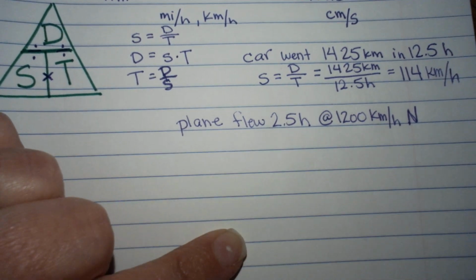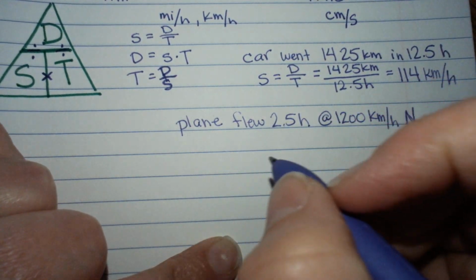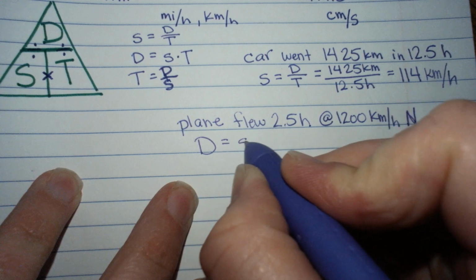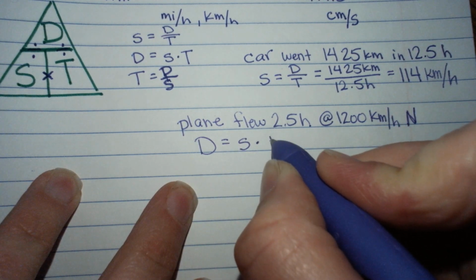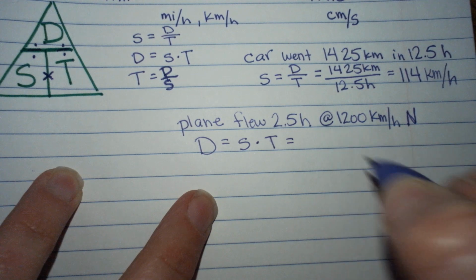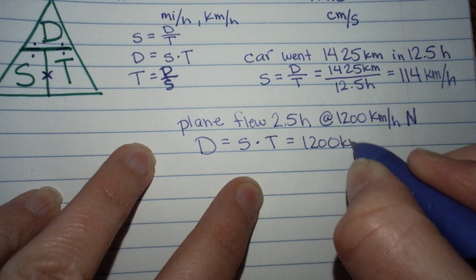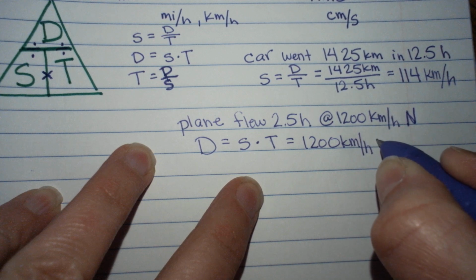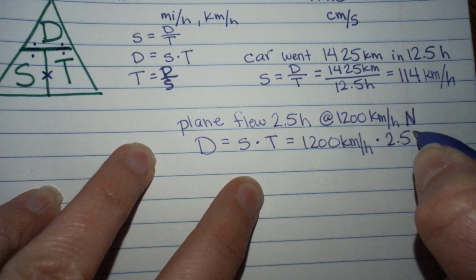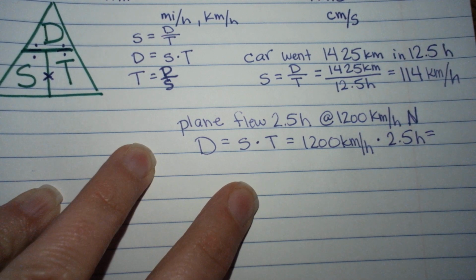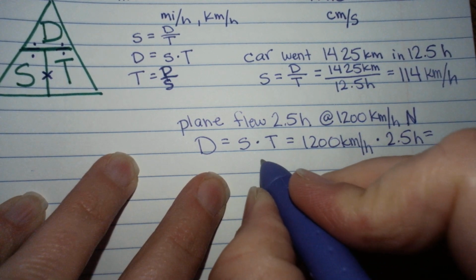So then I know I'm looking for distance because it says what is the distance it traveled. Distance equals speed times time. So then I just plug in my numbers. 1,200 kilometers per hour times 2.5 hours gives me, I go to my calculator, I would find that it is 3,000 kilometers.